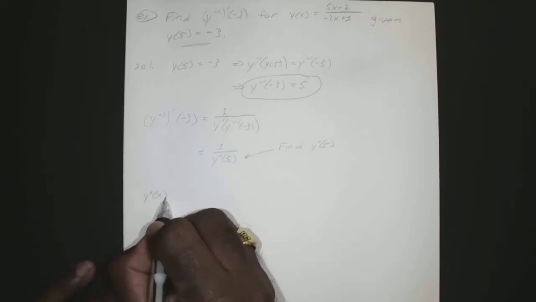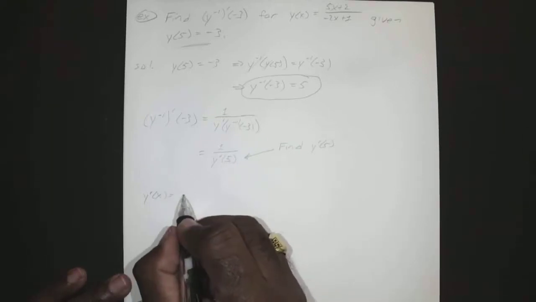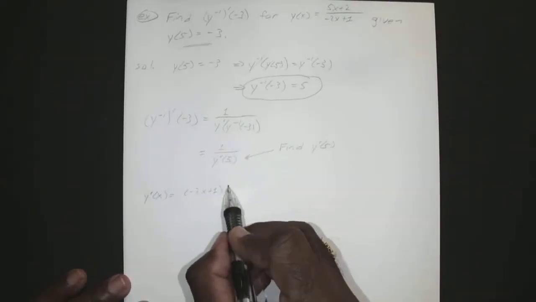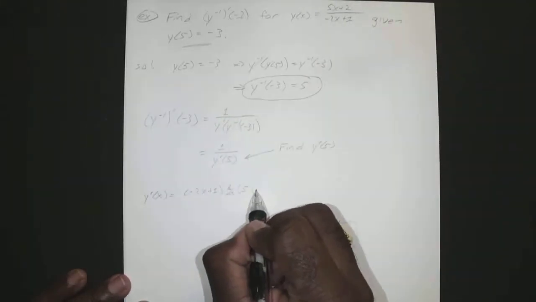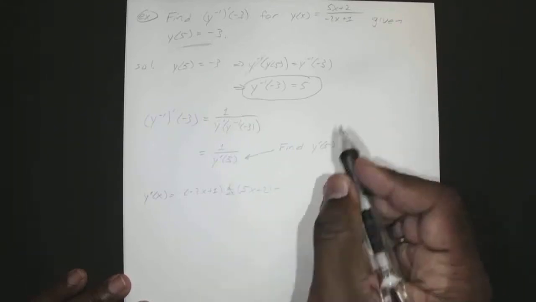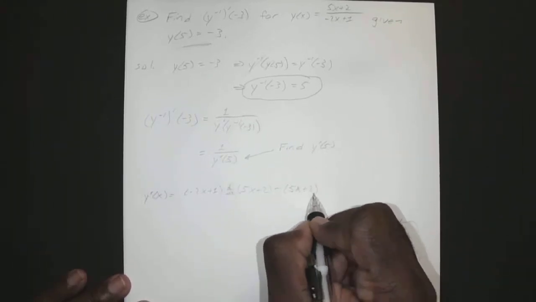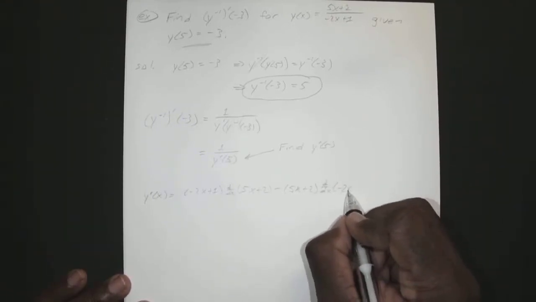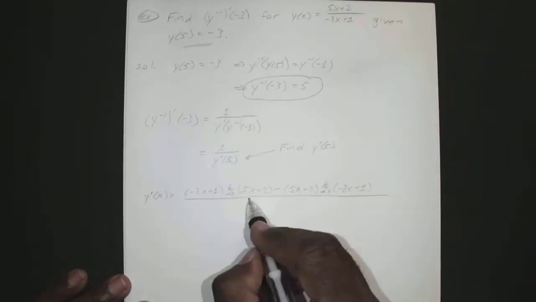So y prime of x, since it's a quotient, you have to use the quotient rule. The denominator, negative 2x plus 1, times the derivative of the numerator, minus the numerator times the derivative of the denominator, all over the denominator squared.